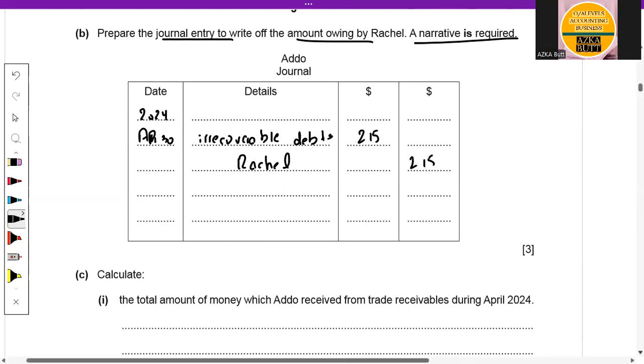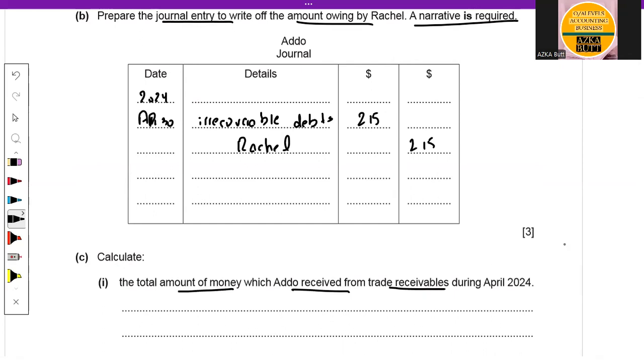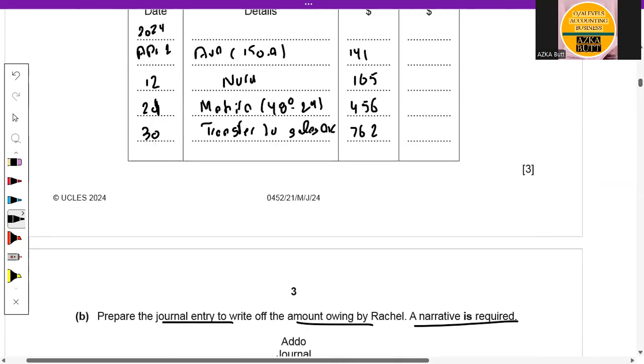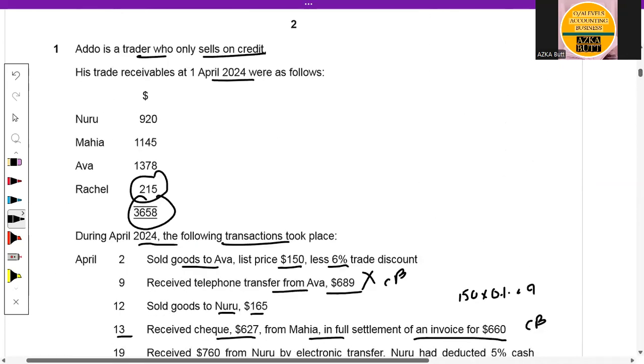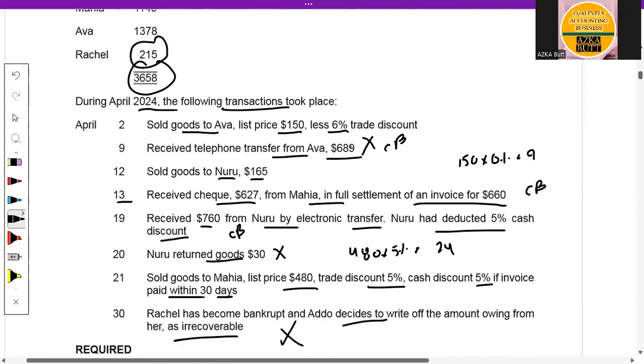Now we have to see the total amount of money which Ado received from the trade receivables during April 2024. So we have multiple amounts which we received in April. We received 689.